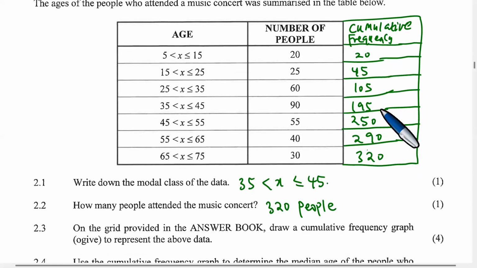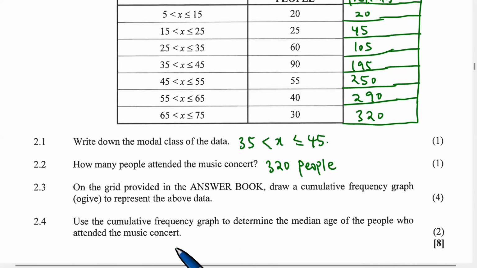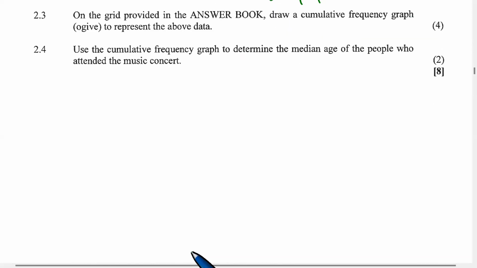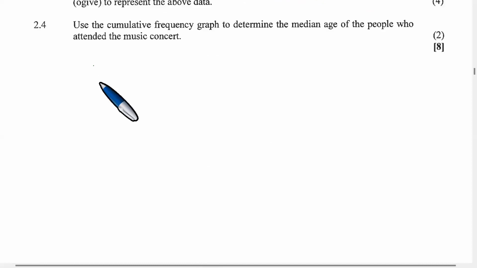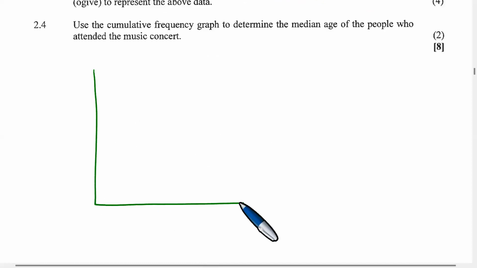After this cumulative frequency, then you can draw the ogive. So I'm going to have a rough sketch of the ogive here. Ordinarily you need graph paper to do it.